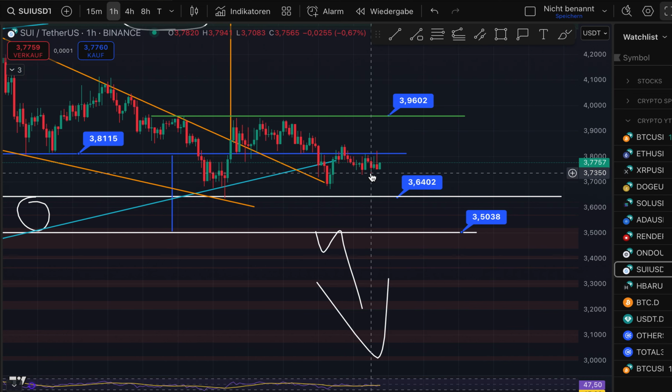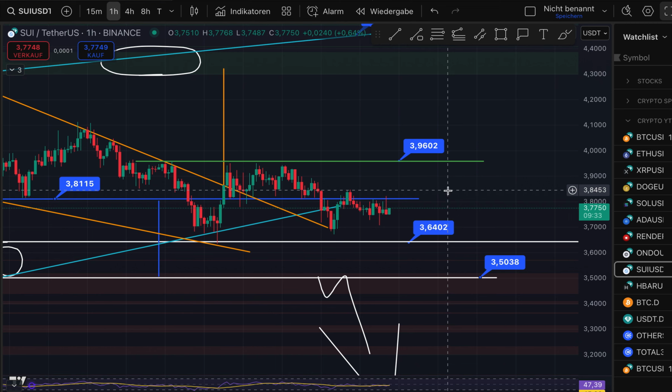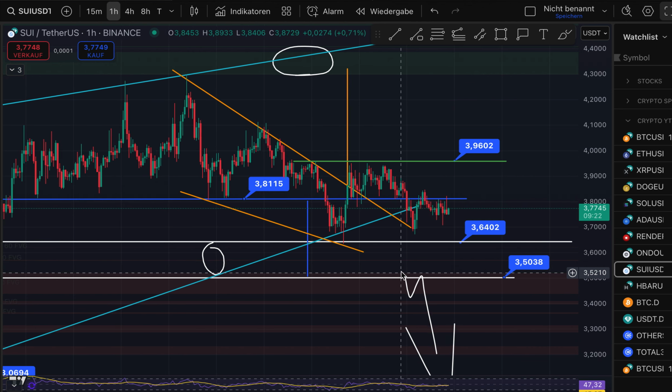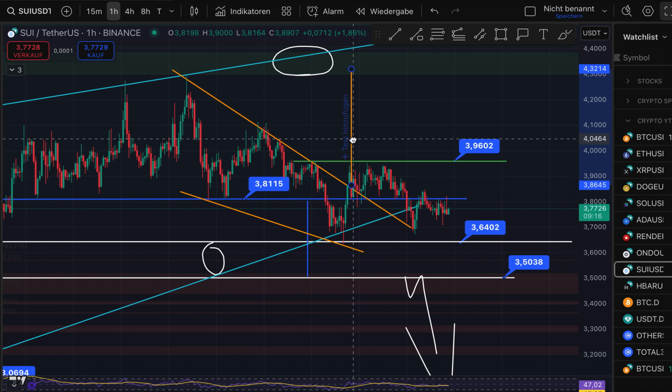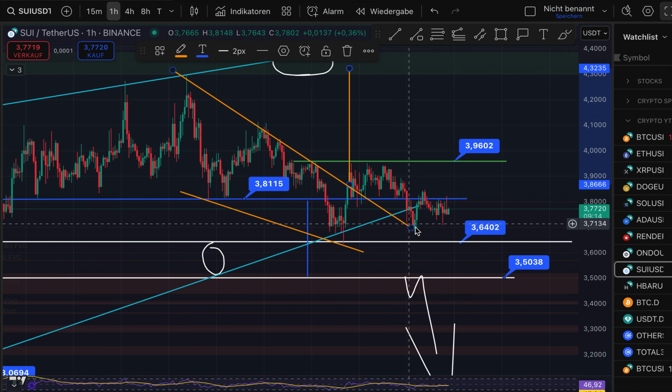7%. If we get there, then we can talk about different scenarios, because we will form some chart patterns there and can predict the price movement a bit better if we get into that area. So the target of that falling wedge in orange, the bullish target, I have to change it now because we got a second retest.